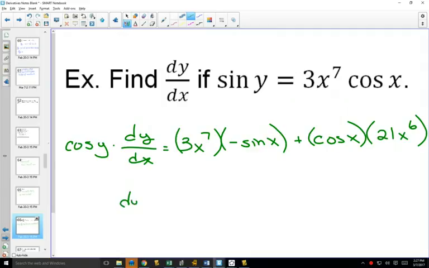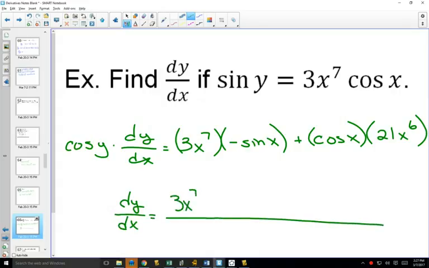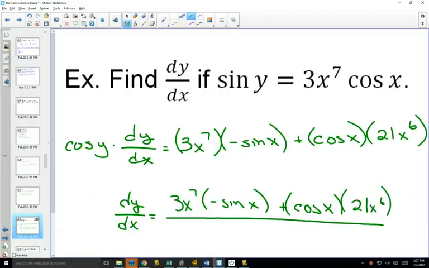So then to find our actual final derivative, we would divide this whole thing by cos of y. And there we have our derivative.